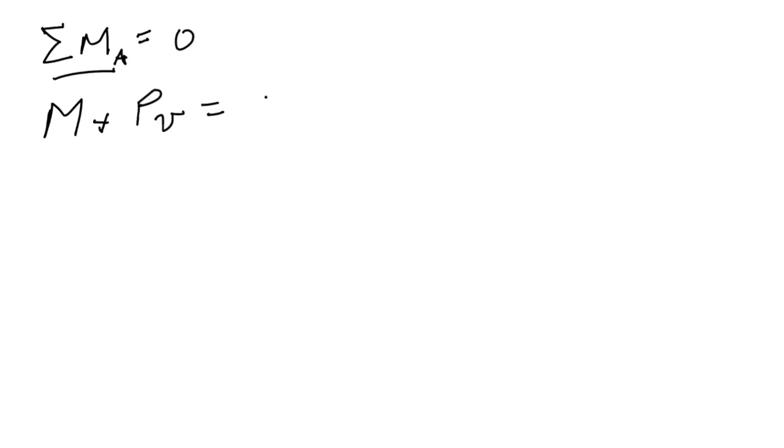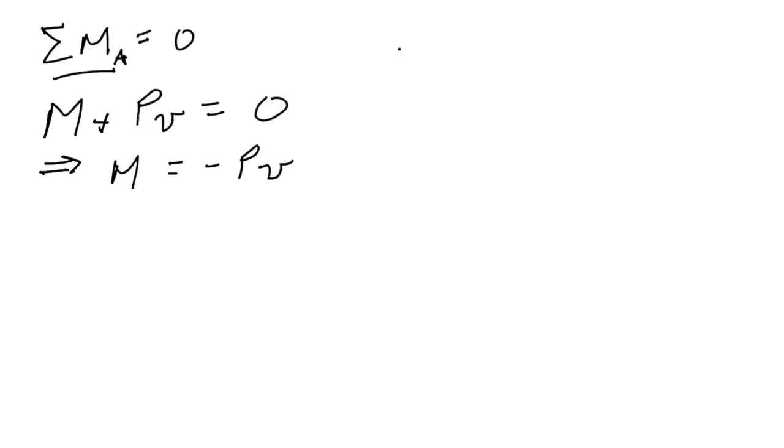Okay, so if we sum the moments about A and set them equal to 0, we have that M plus Pv is equal to 0. So obviously M is equal to the negative of the load P times the deflection v.